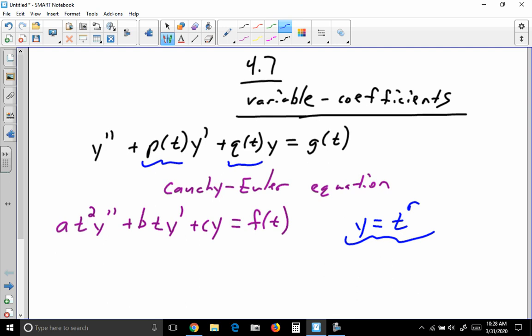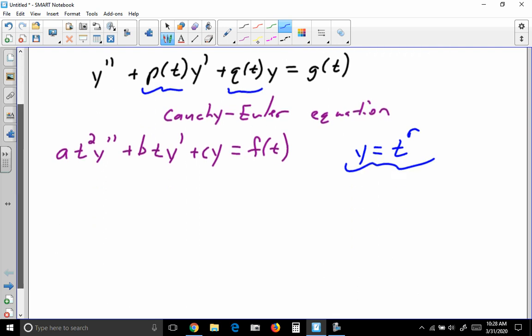So let's just do this generically and see if we can generate a method for solving for a, b, and c. So if y is t to the r, to get y prime, we would bring down our exponent, and then we would subtract 1. So that's y prime. Notice in that middle term, we have t times y prime.